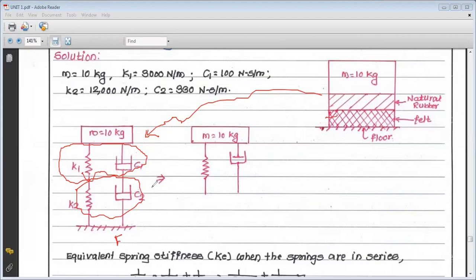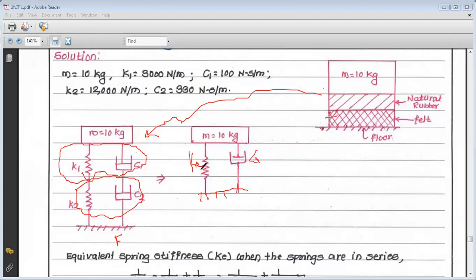Now we have to convert this actual system into an equivalent system with the floor. This is the equivalent stiffness Ke, this is the equivalent damping coefficient Ce, and the mass.